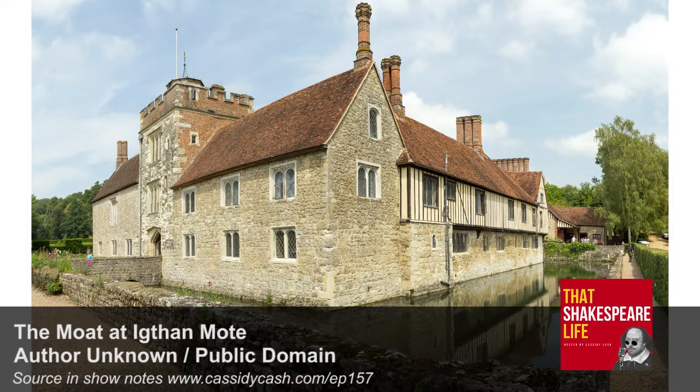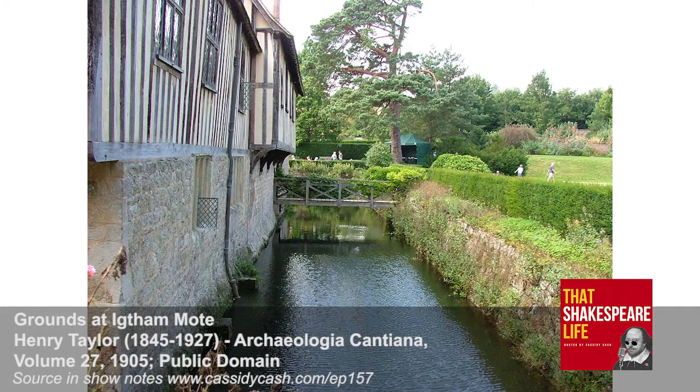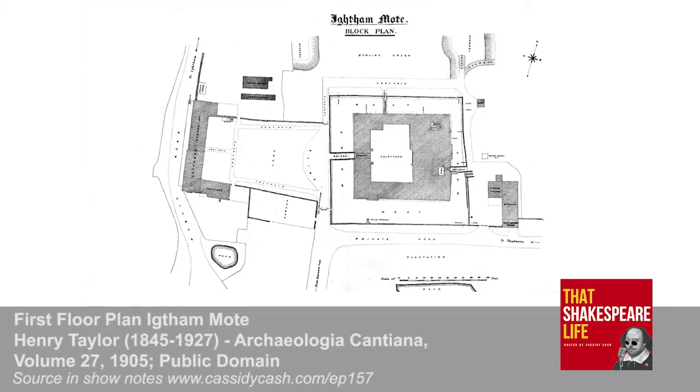Ightham Moat is a really interesting building, partly because it's old. But one of the things that happens there is that Clement actually buys it. He buys it in the 1530s. He was raised in Sussex, but spent a lot of time in Northamptonshire and moved back.